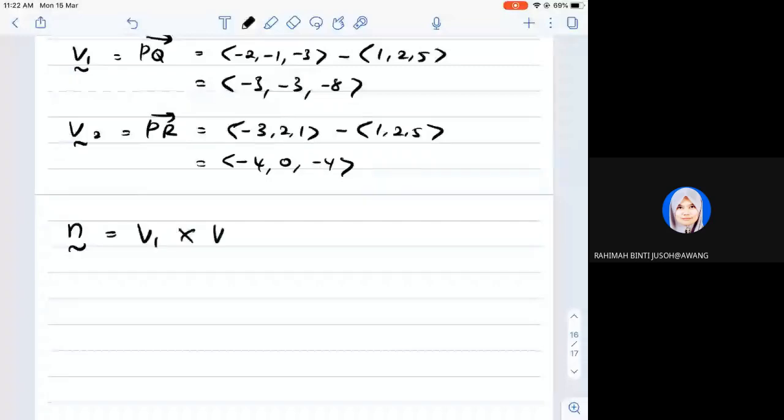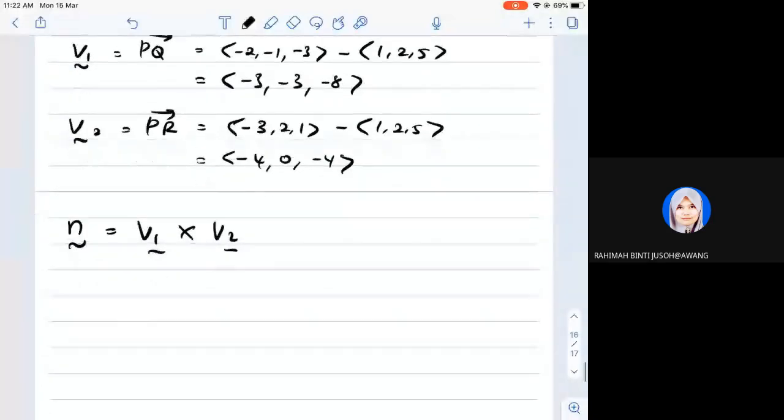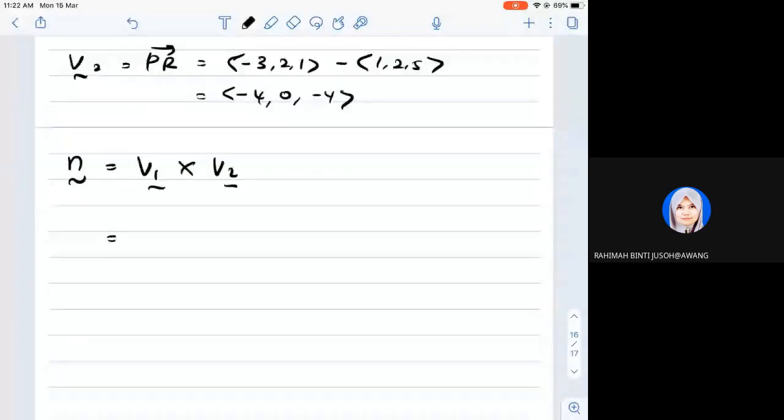Let's do the cross product. Alright, so now the cross product, the way is like this guys. You open this absolute matrix, so we will have I, J, K. Don't forget to put plus, minus, plus alternately beside it.